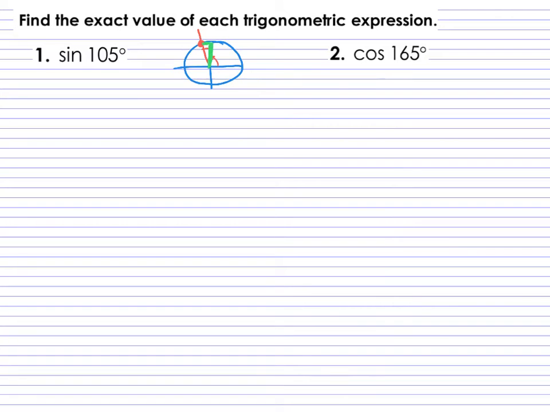So what we have to do is split it up into angles that we do know. Now, this is the part that's going to take a little bit of practice, a little work on your end. What you're going to want to think about are the angles that we typically work with. If we're thinking about the unit circle, even in quadrant 1, we often work with 30 degrees, 45 degrees, 60 degrees, etc. So those are the ones we want to start to think in terms of.